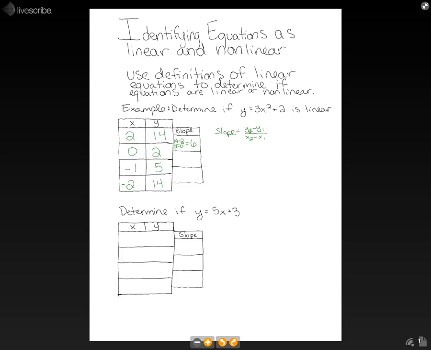If we calculate the slope again between the points (0, 2) and (-1, 5), we'll have 2 minus 5 over 0 minus -1. So when we do that, we'll have a -3 for our slope.